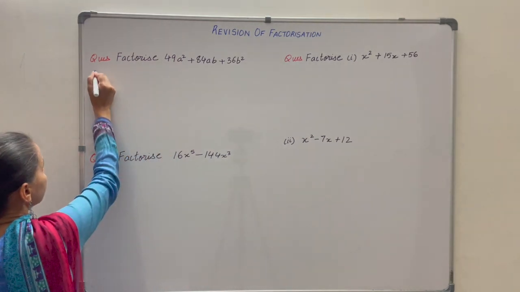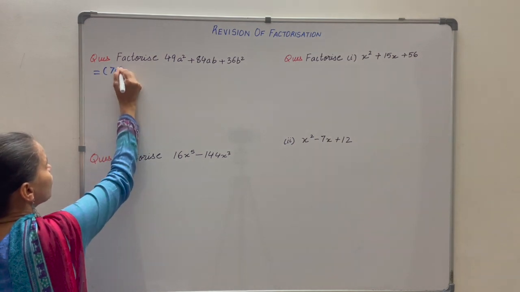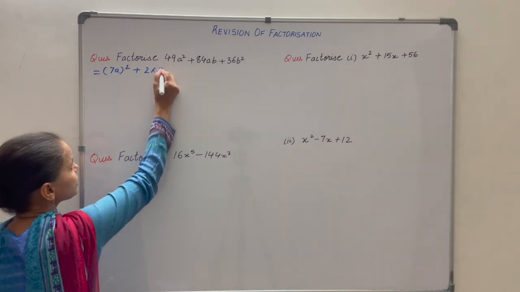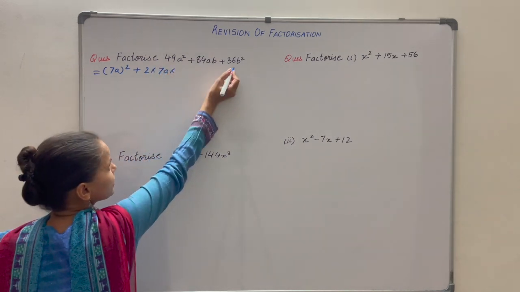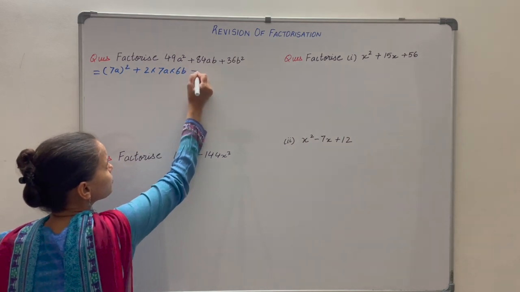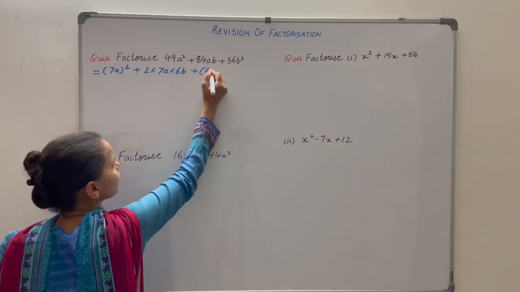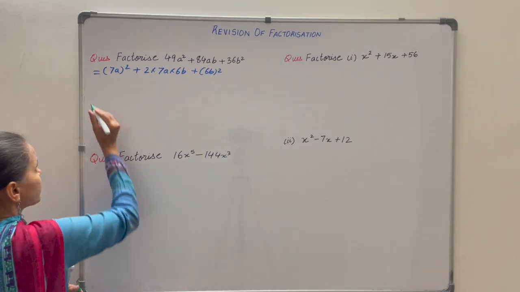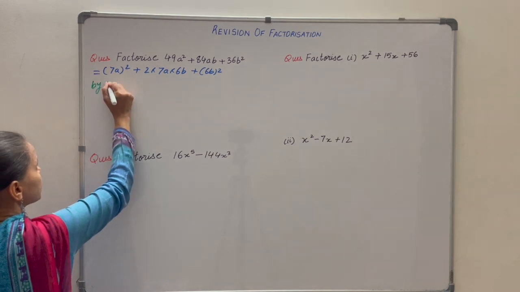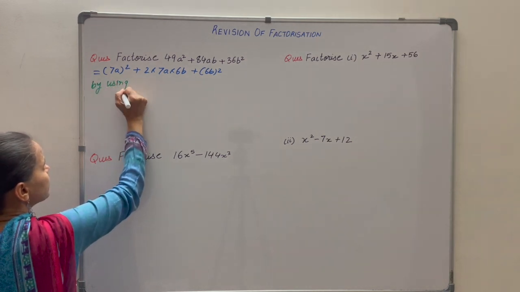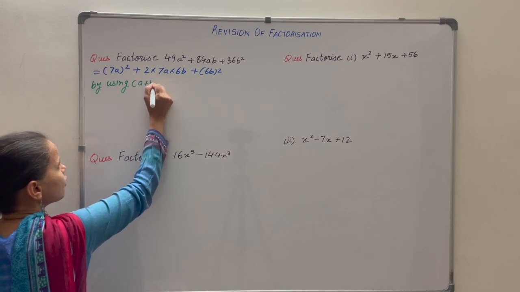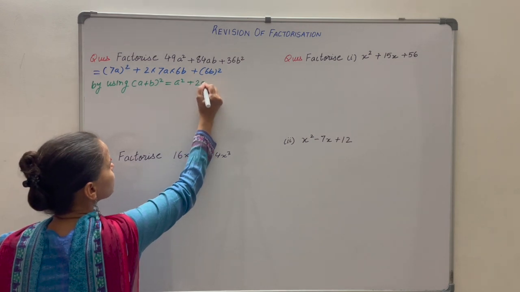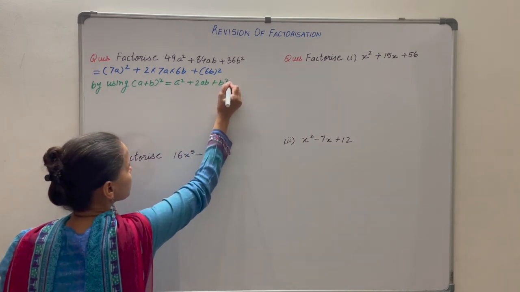You can rewrite this as 7a whole square plus twice of the first term, 7a, into the second term, 6b, plus 6b whole square. Which identity are we using here? The a plus b whole square identity, that is a square plus 2ab plus b square.